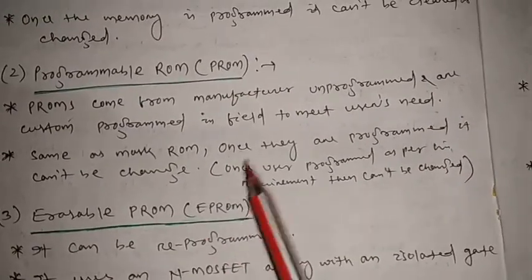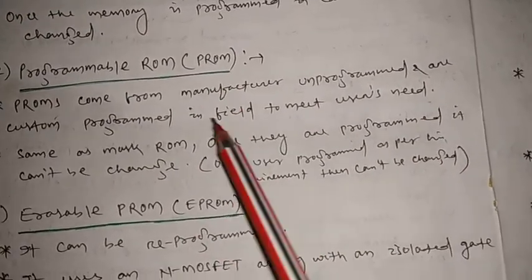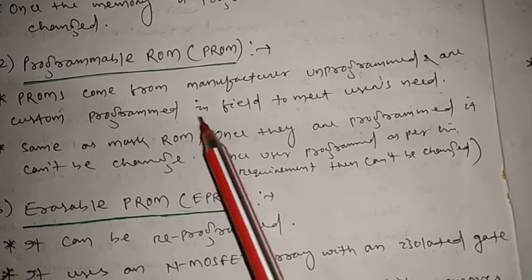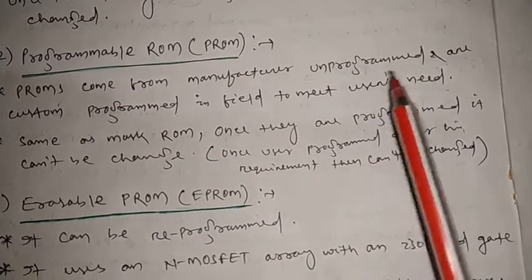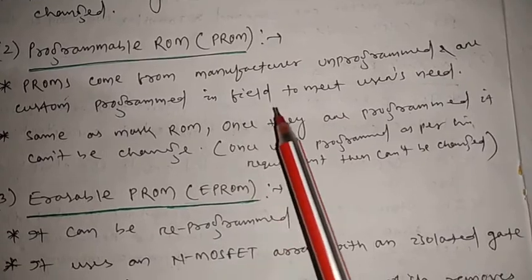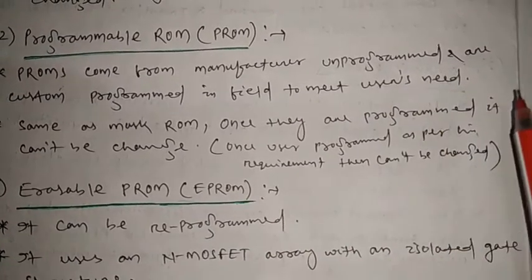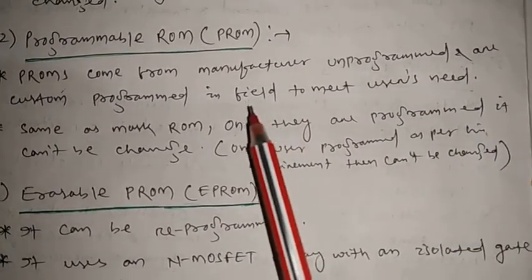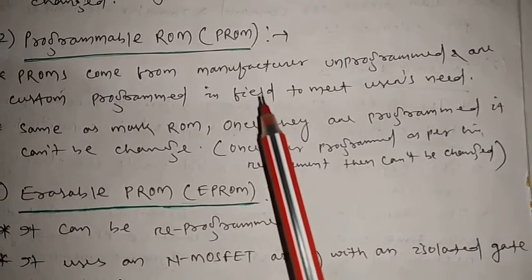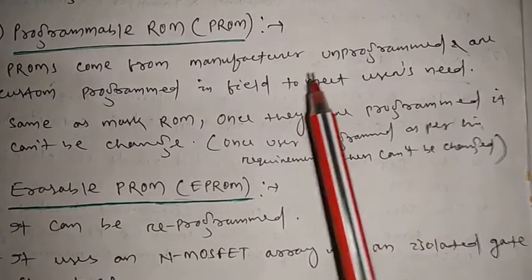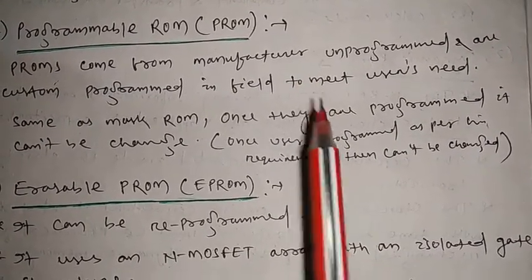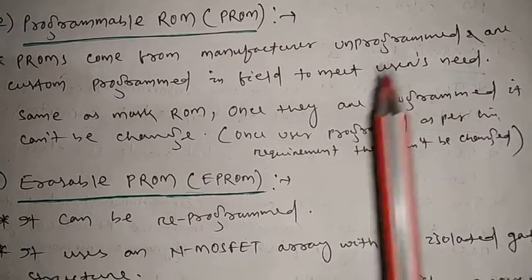Next, programmable read-only memory. So PROM comes from the manufacturer unprogrammed and is custom programmed in the field to meet user needs. This kind of ROM comes unprogrammed from manufacturing, and it will be programmed by the user.